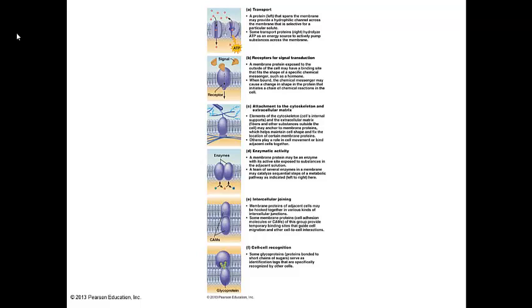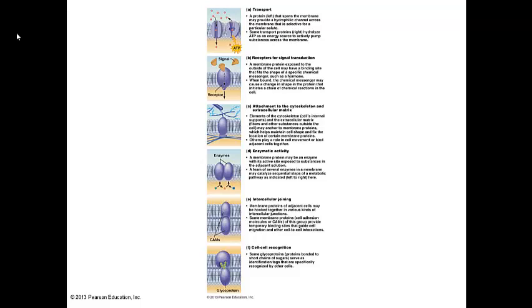So when we talk about hormones, for example, we're going to talk about these receptor proteins. When the hormone comes in contact with it, it's going to cause a chain reaction to occur within the cell and cause changes in what's going on chemically. Those are called receptor proteins.